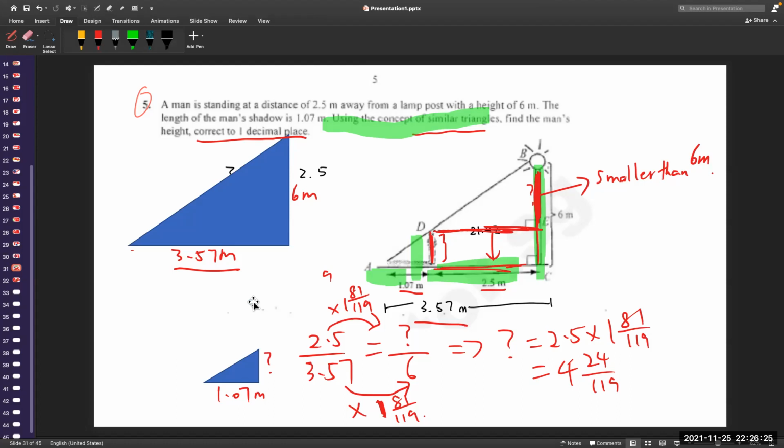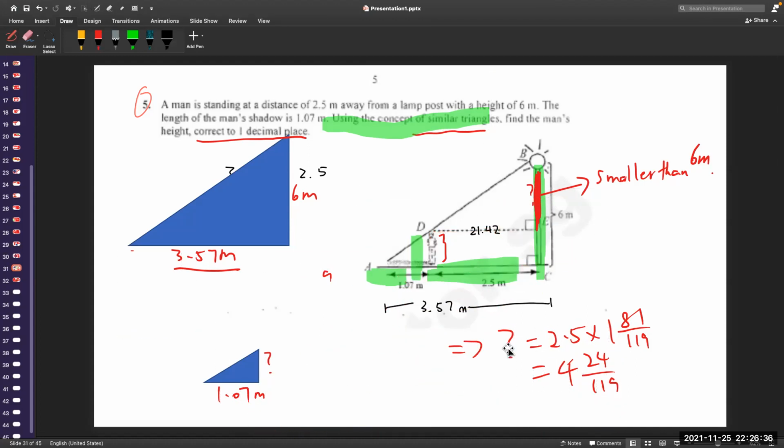But anyway, I'm just telling you, you can make use of it. If they ask you what is this length, but it turns out they never ask you, so you don't have to use it. I just gave you some idea how you can find this one if you are asked to. But in this question, you are not asked to.